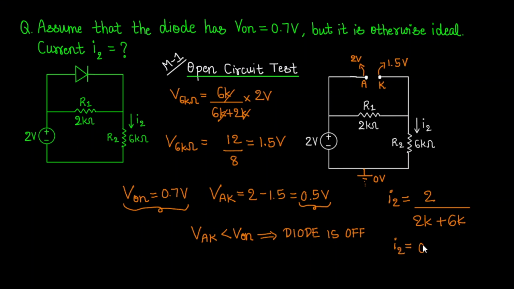This value is 0.25 milliampere. So this is the current flowing through the 6 kilo ohm resistor.